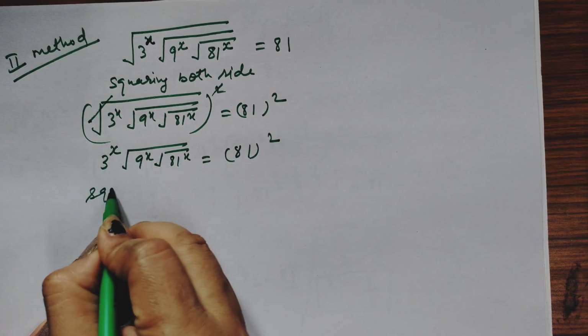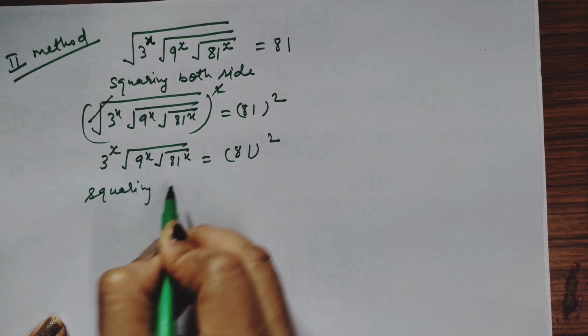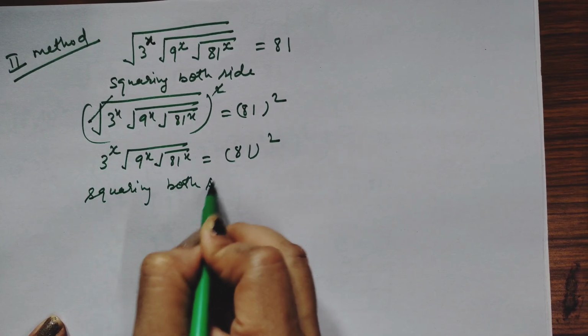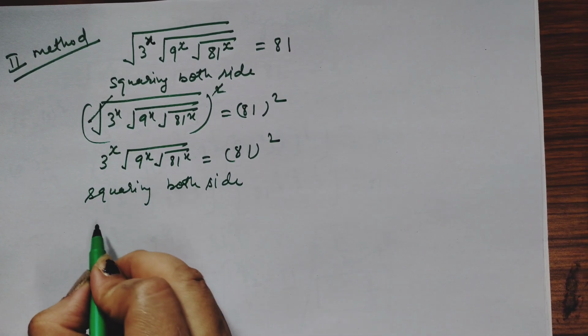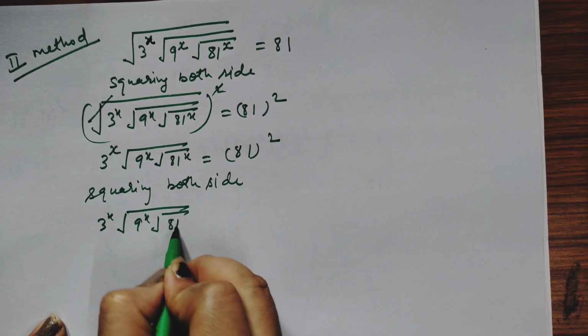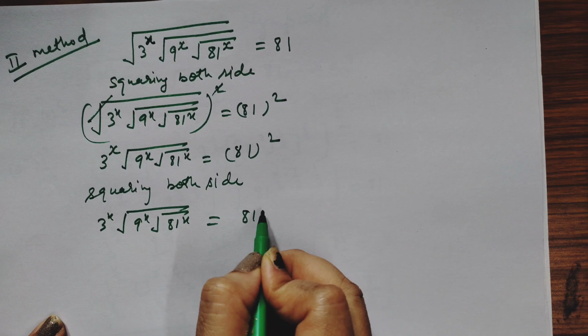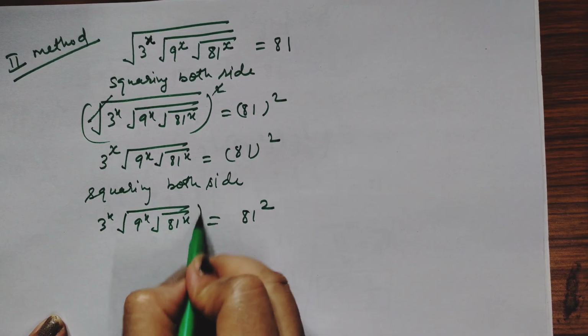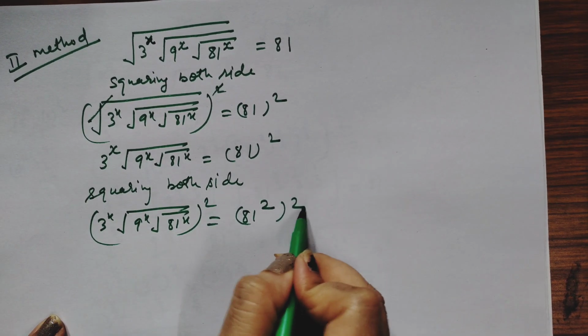So again squaring both sides. So 3x, root of 9x, root of 81x, and 81 squared. So we'll again square both sides.